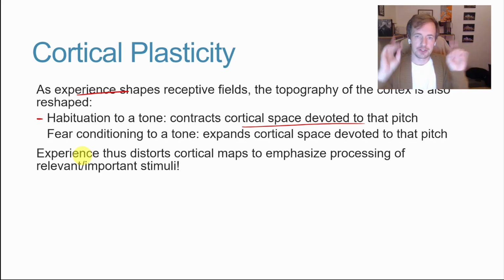So what we find in people that practice a lot of violin is that the cortex responsible for their left fingers is going to be expanded. There's more space in their cortex responsible for processing the finger movements of their left hand compared to their right hand. Why is that? Because their left hand is the one that's doing all the moving, and that's the one that has to remember where things are.